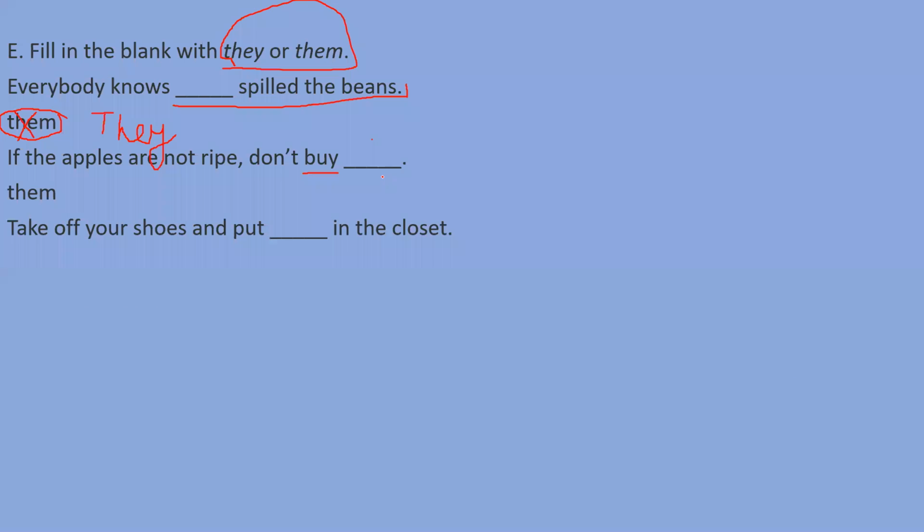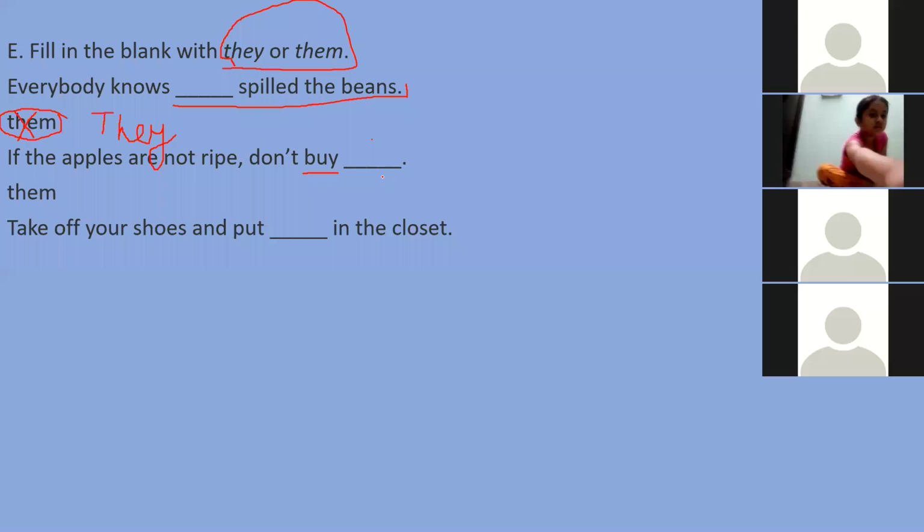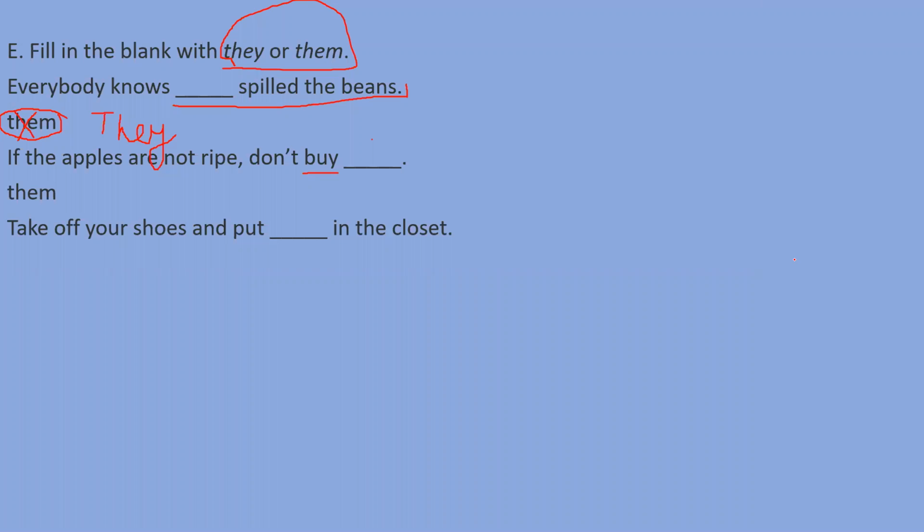Take off your shoes and put they in the closet or them in the closet. So which pronoun will come here? Who will let me know? Shivakshi, you please tell me.